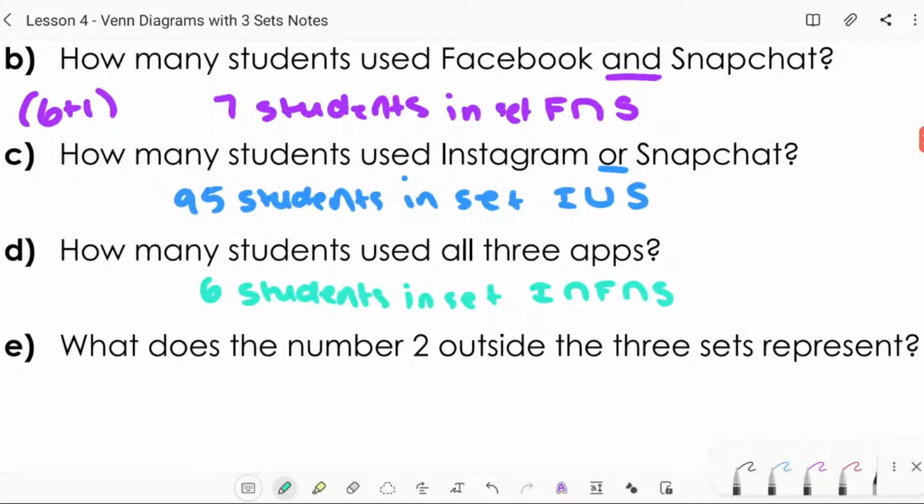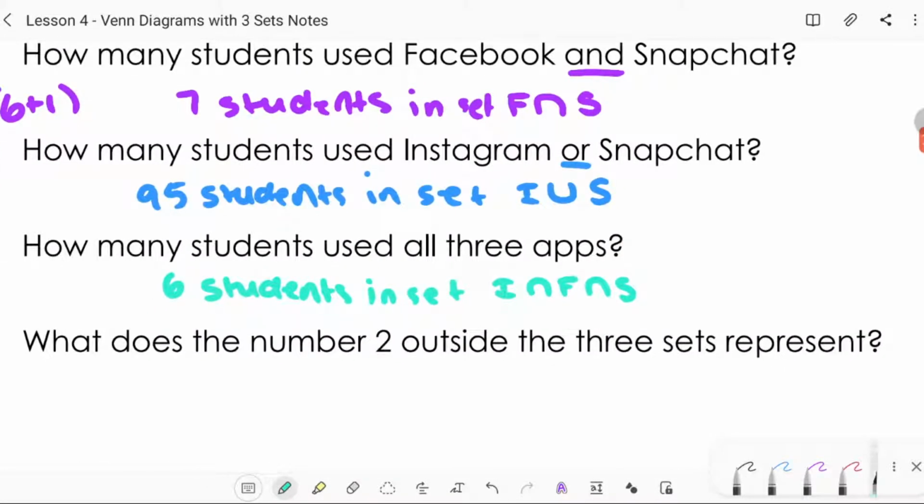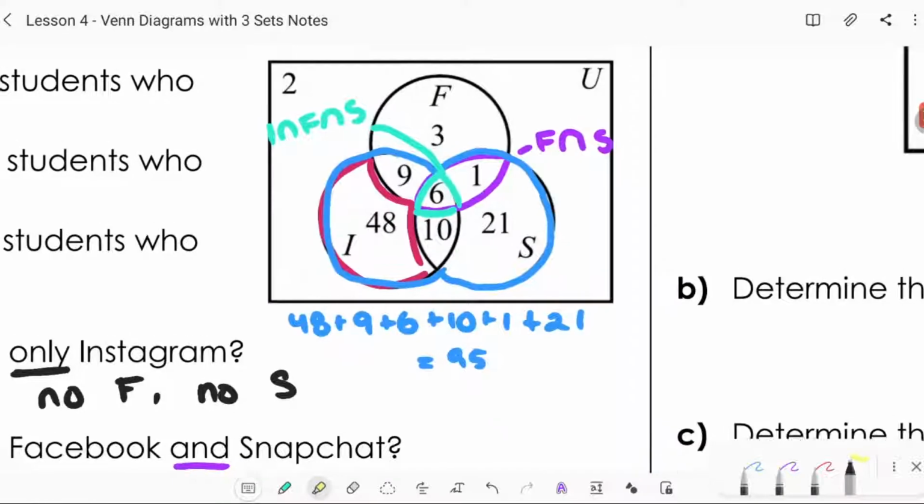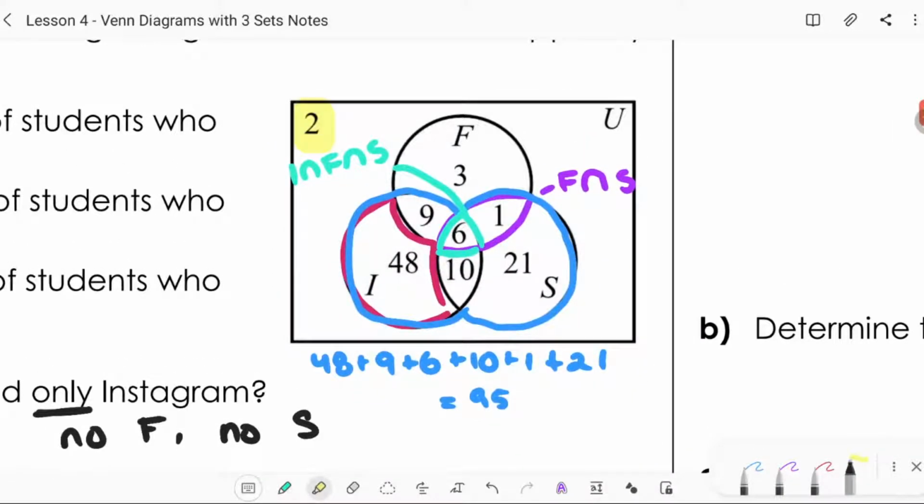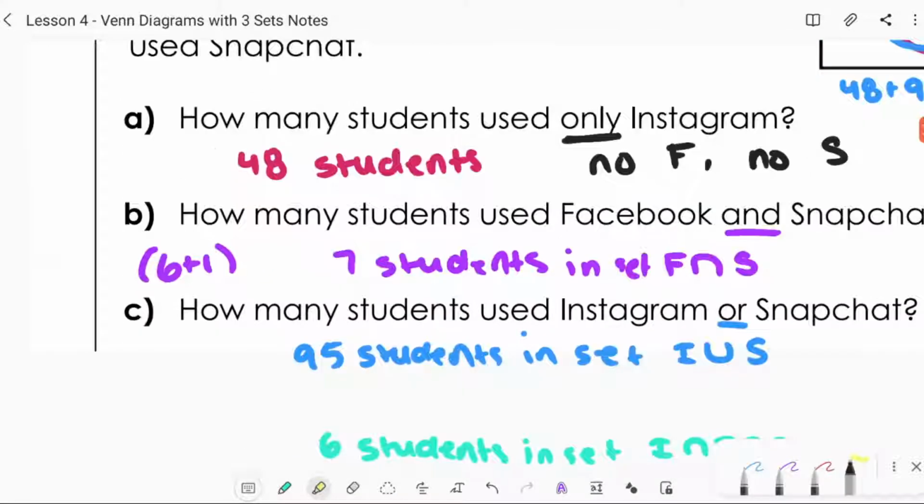And lastly, what does the number 2 outside the 3 sets represent? Notice I have off in the corner here 2 students that are not, right? If it's not in set I, they don't use Instagram. If it's not in set F, they don't use Facebook. If it's not in set S, they don't use Snapchat. And therefore it can't be in any of the intersections. So if they don't use any of those 3 apps, this is where they end up.